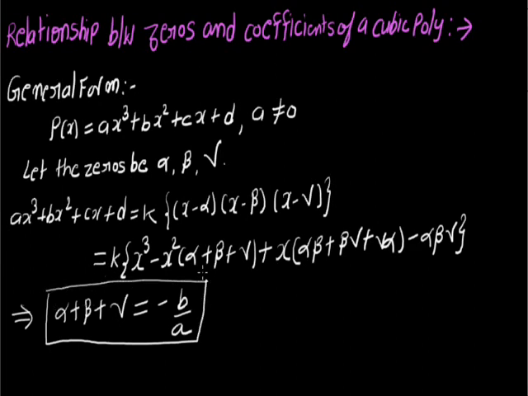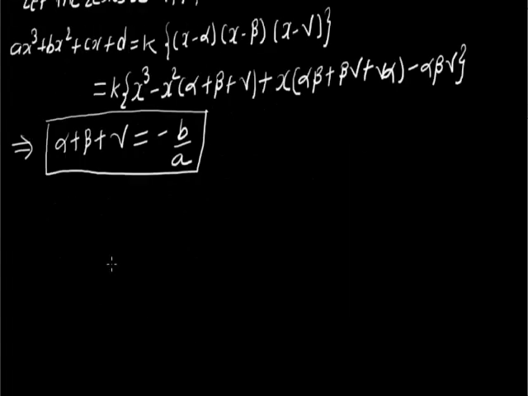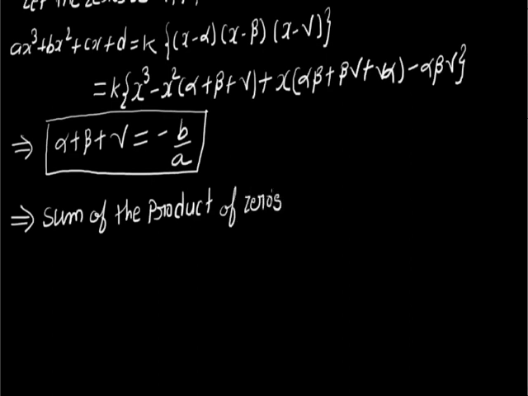Now if we equate the coefficient of x on both sides, what we get is the sum of the product of the zeros taken two at a time. So the second expression we can get here is the sum of the product of zeros taken two zeros at a time.